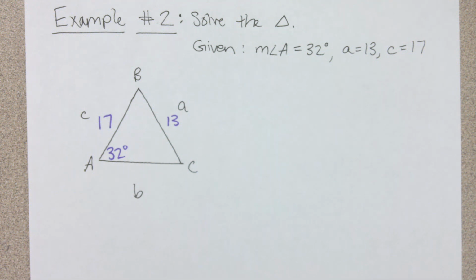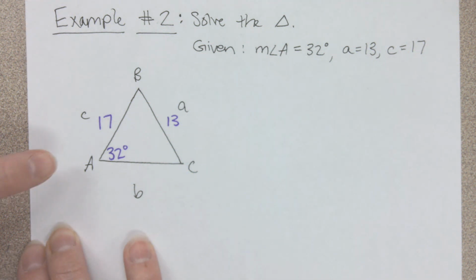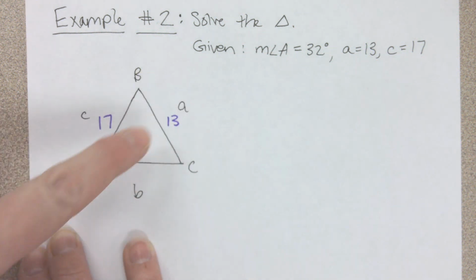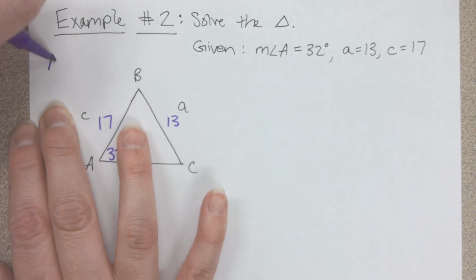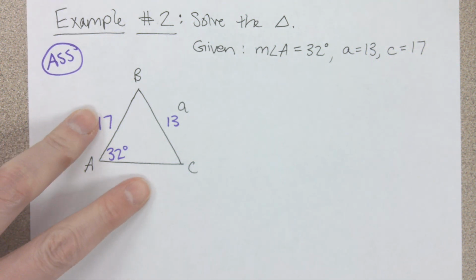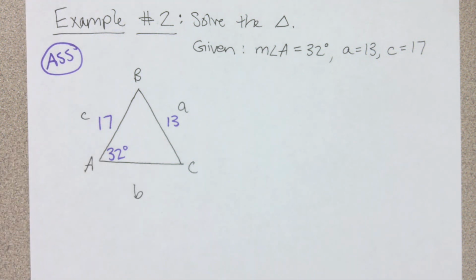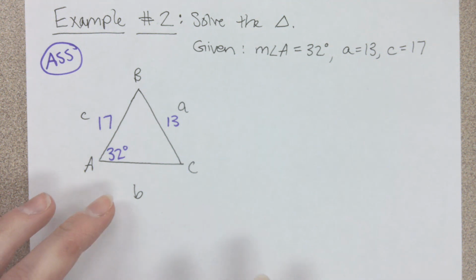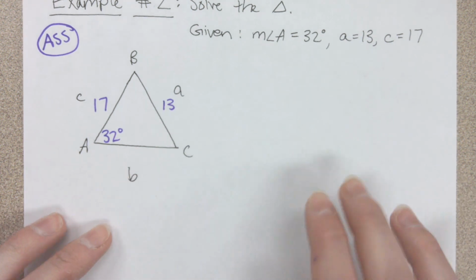Reminder at this point, my hope is that you would classify the arrangement of the side and angle information, because this is how you would know to proceed this way about the problem. We have an angle, and then if we go around, we have the next 2 sides after that. So this is an ASS case. If it were the 2 sides that sandwich that angle together, that would be SAS. So make sure you know the difference. Since this is ASS, that triggers the 2 triangle scenario.